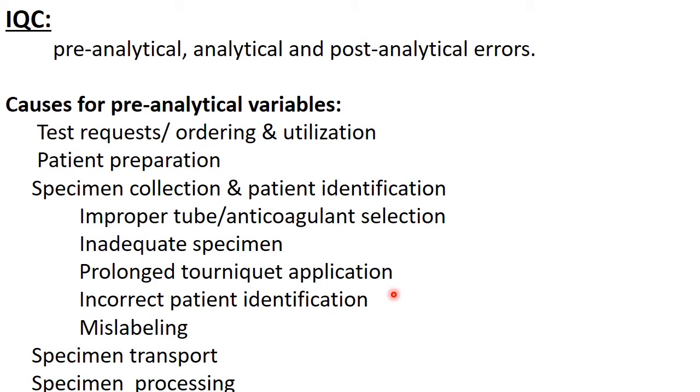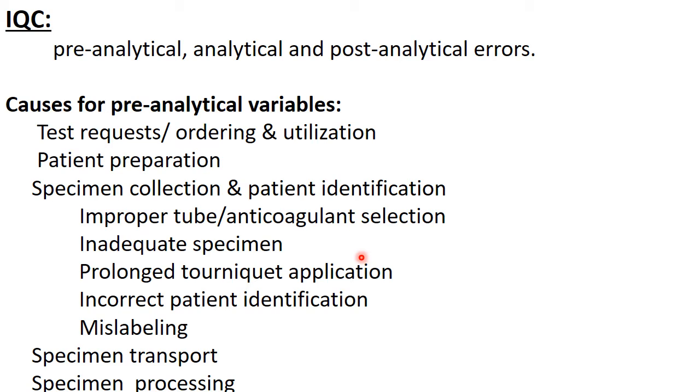Inadequate specimen. These include inadequate volume of the sample, excess anticoagulant, insufficient mixing of the specimen with the anticoagulant, and inadequate type of sample. Example, hemolyzed specimen, lipemic specimen, or icteric sera.